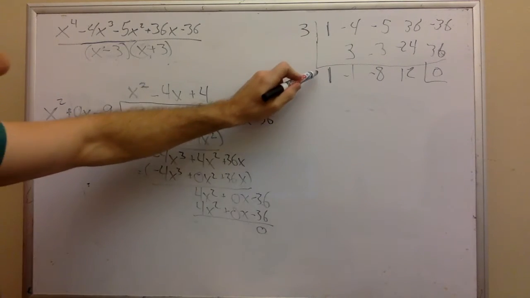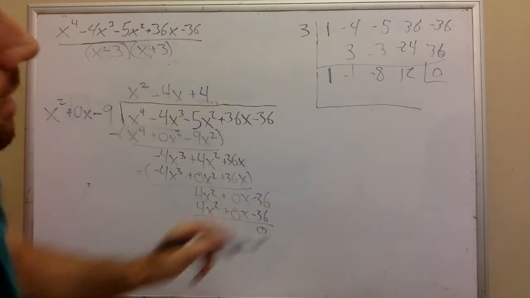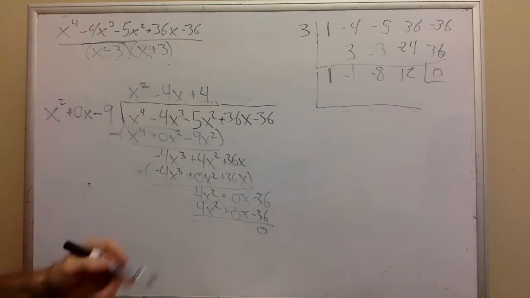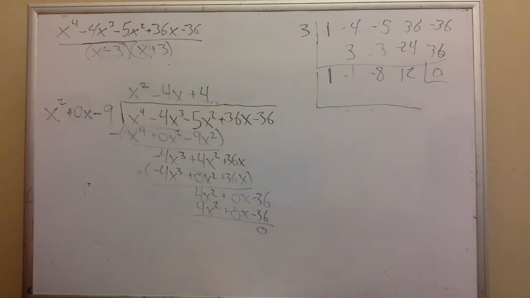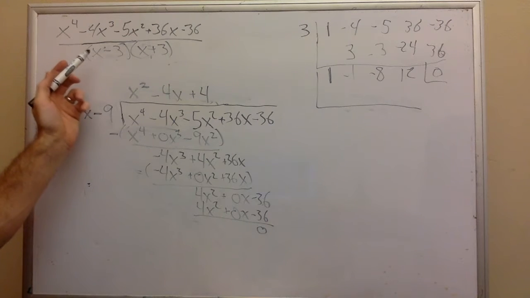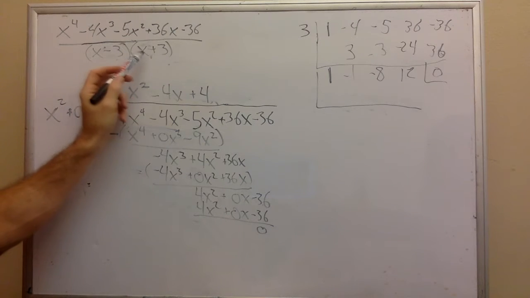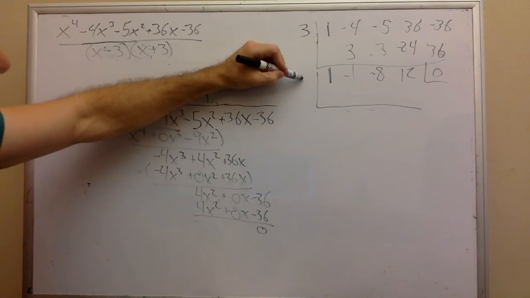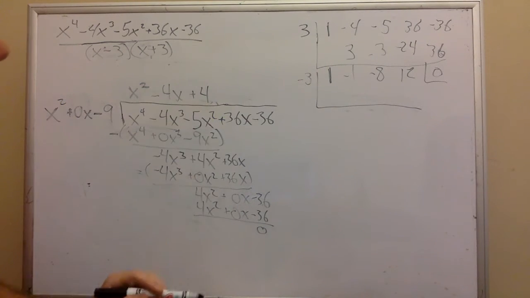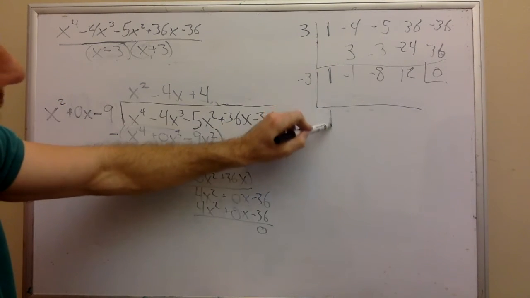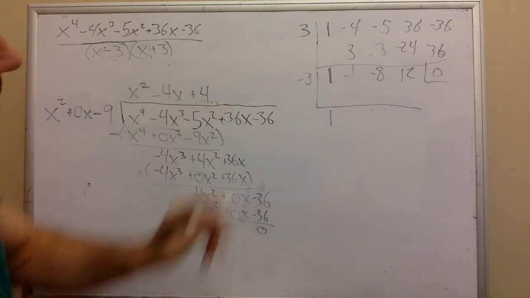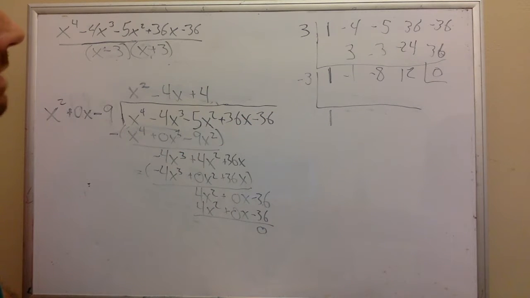So I can actually continue that on here, and because these were both linear, I could use my synthetic division. So when I have x plus 3, that means my 0 is negative 3. I drop my first term, multiply. Now see if you can do this on your own.